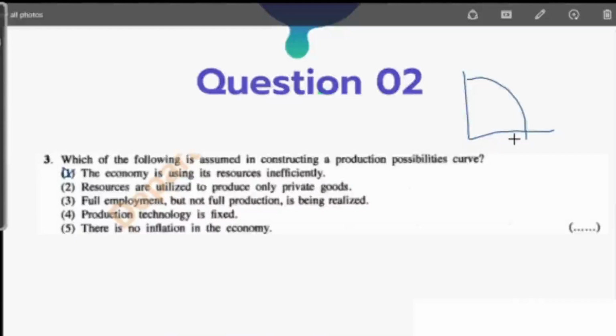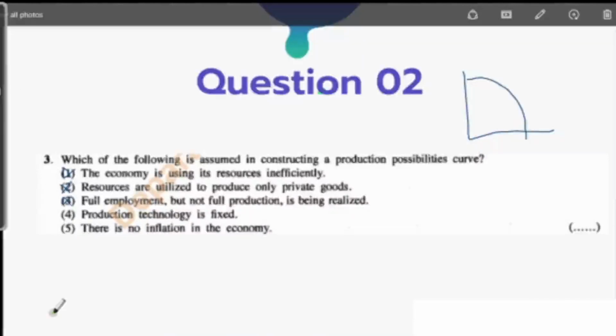So that can be any combination. Therefore, the second statement also wrong. Full employment but not full production is being realized. Now, if you look at our assumptions, we assume resources are fully and efficiently employed. We do not make assumption about production. So this statement also wrong.